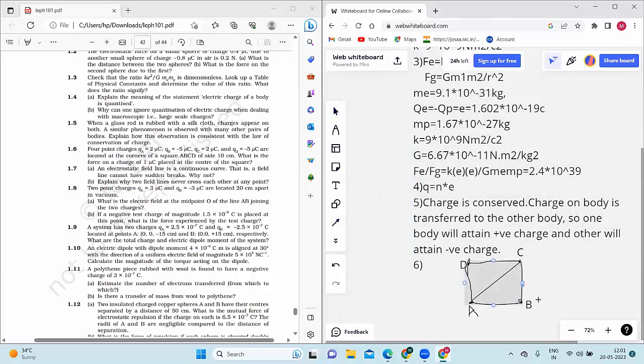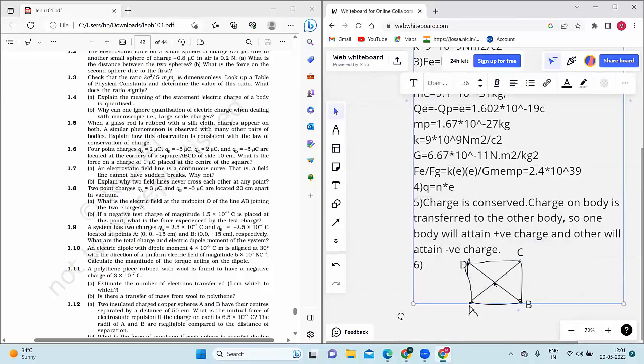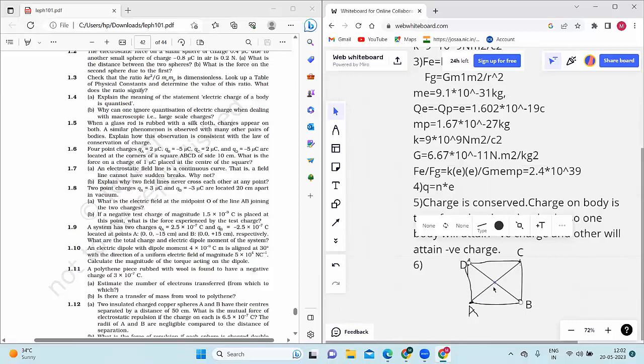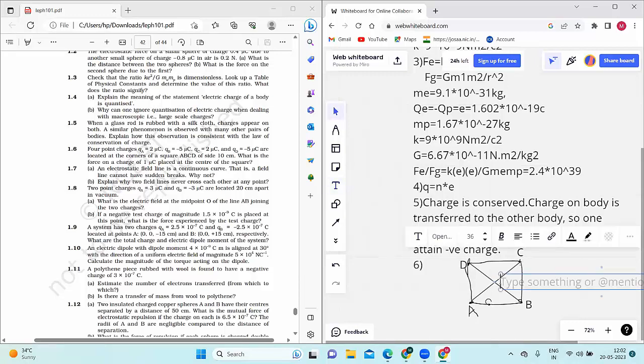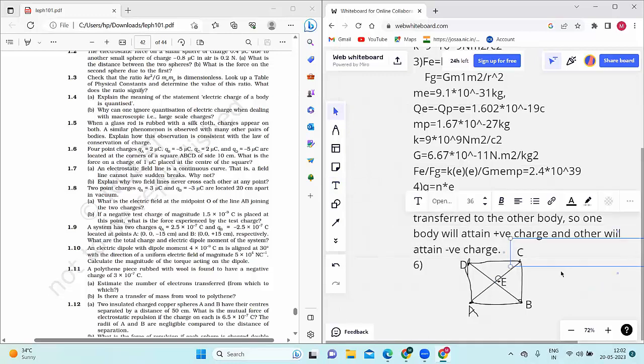Draw the diagonals AC and BD. At this center point, we placed a charge of 1 microcoulomb. Let us call the center point E. The distances AE and EC are equal, and the charges placed at A and C are the same, 2 microcoulomb each.